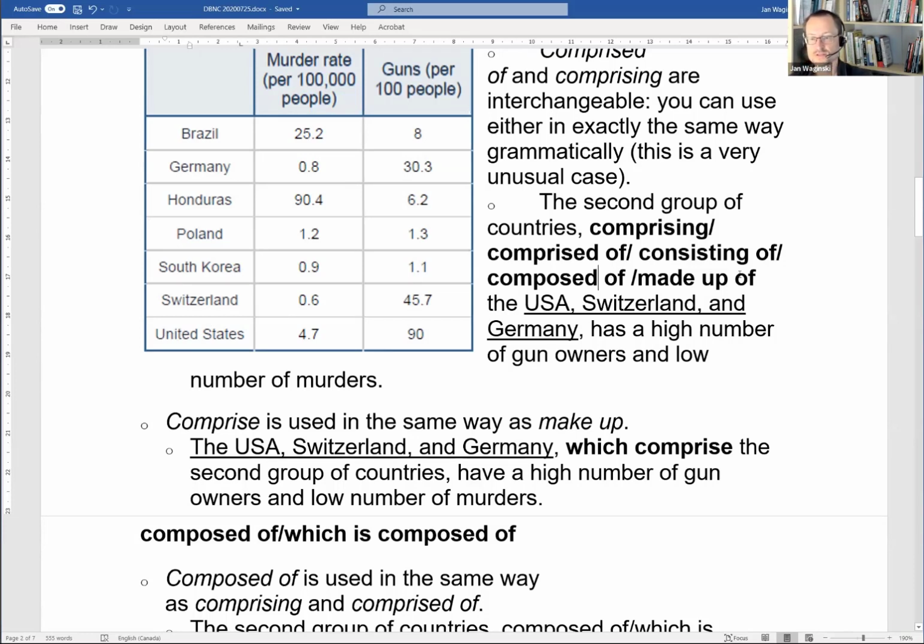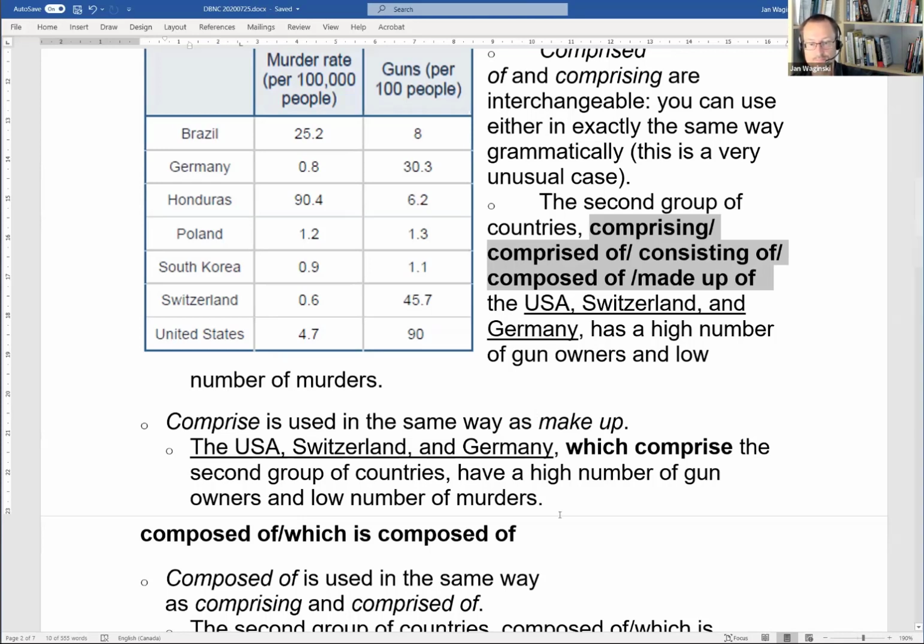So this is one of those situations where it's more of a vocabulary issue because you've got this one, which is ing, this one, which is ing, and then you've got three passive versions. Because you've got comprising and consisting of, and then you've got comprised of, composed of, made up of. So this is not the usual grammar situation where you've got a clear situation where one category is going to be active and the other one's going to be passive.